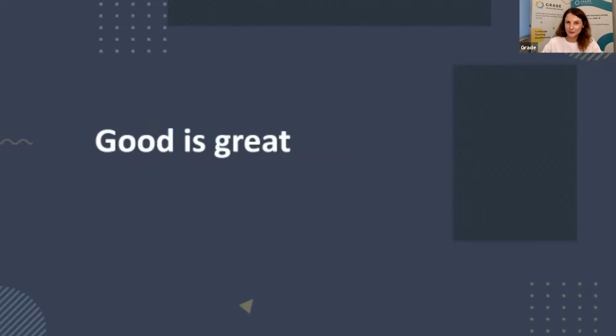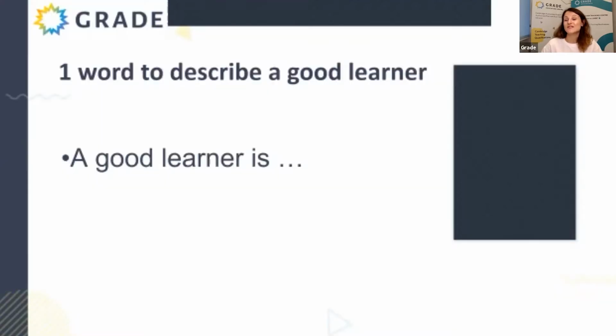My personal opinion in the experience of teaching, which is now more than 14 years, is that good is enough, or a good learner is great. That's already enough. A good learner is also subjective. That's something that I understand my way, you guys might understand your way, and we might have different concepts for that.